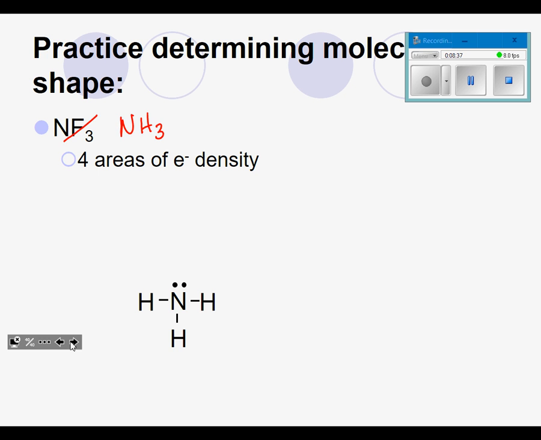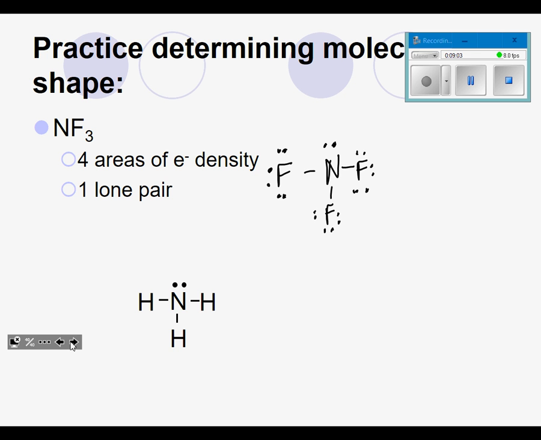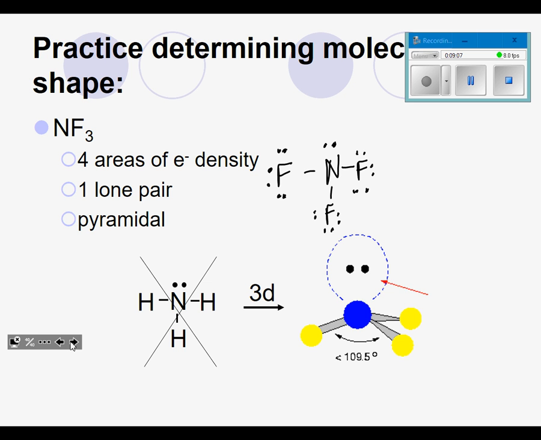Actually, let me show this as NF3. So that would be N, and then each F would have 6 dots, and then we'd have to put two more right here. So it's very similar, except instead of hydrogens, I'd have fluorines. It has one lone pair and three bonded, so that would make it pyramidal.